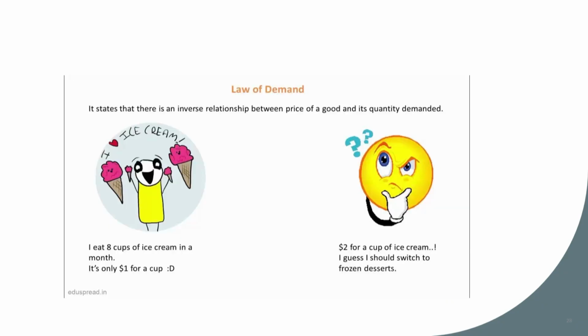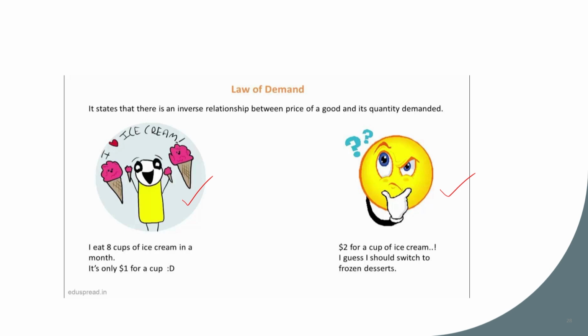Then moving to the second related point, called the law of demand. I have shown you here two pictures, two emojis. In one case, when the price is very low, they are demanding more. And in the other case, when the price is relatively high, they are demanding less.